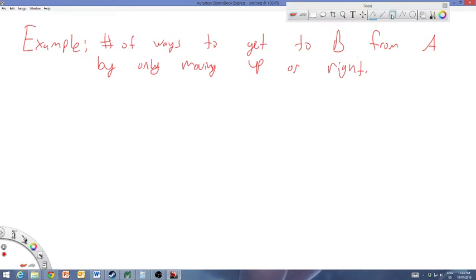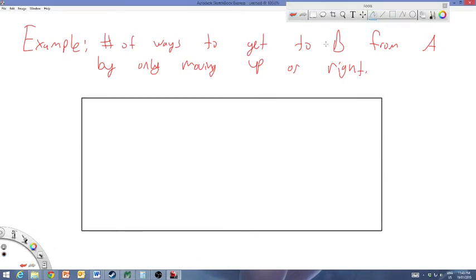Okay, and the situation will look like this. So let's say I have a box like that. I'm going to put A in the corner and B in the corner, and then I'll just draw a grid.